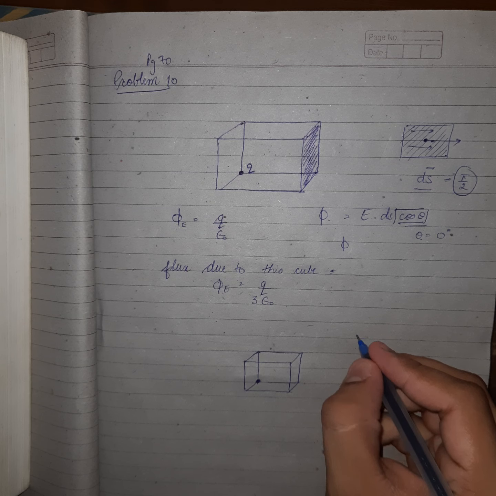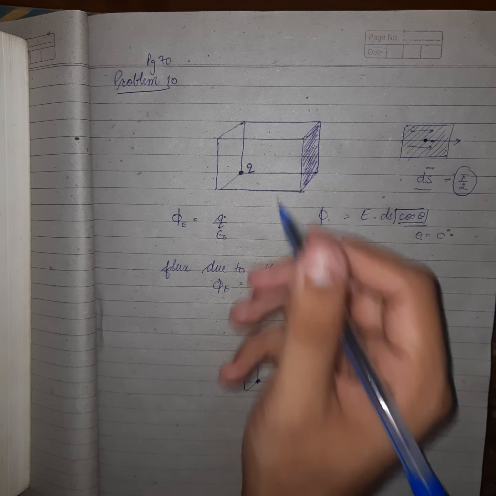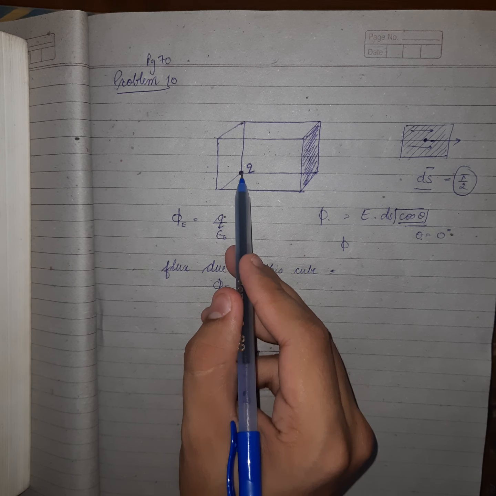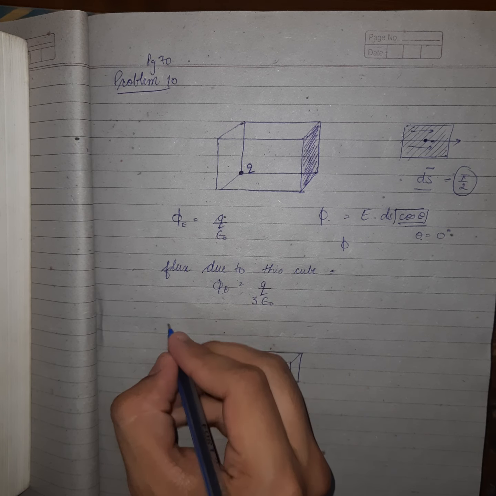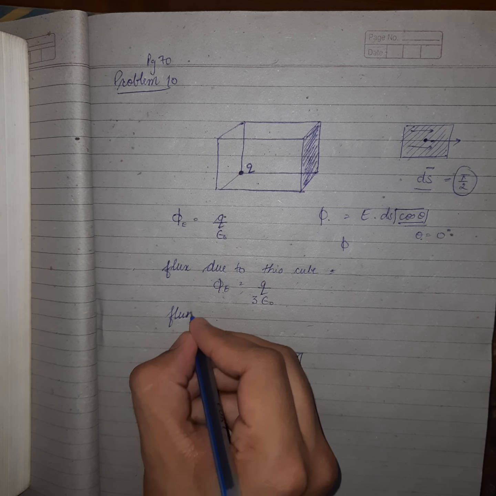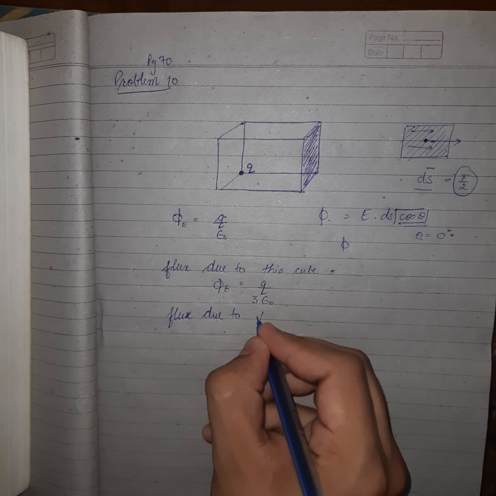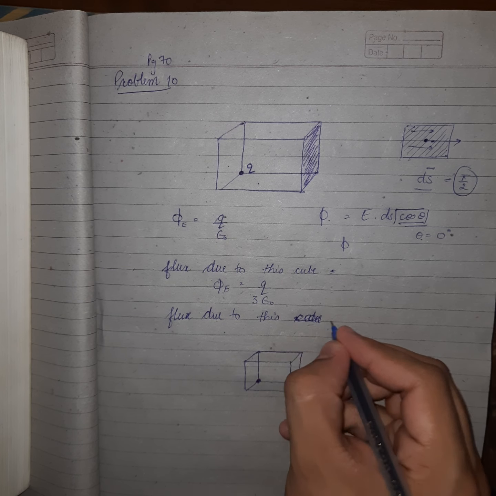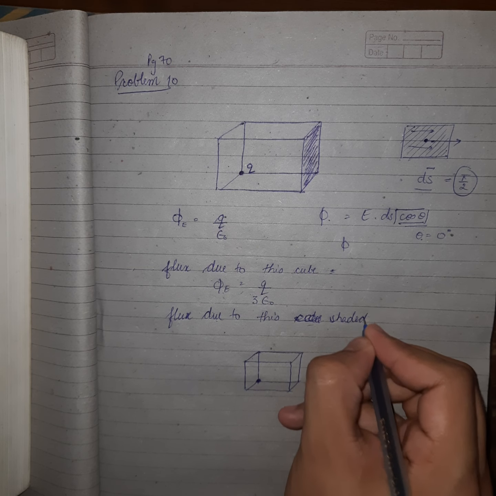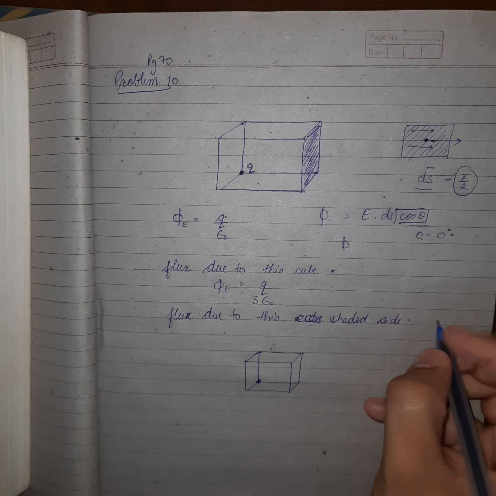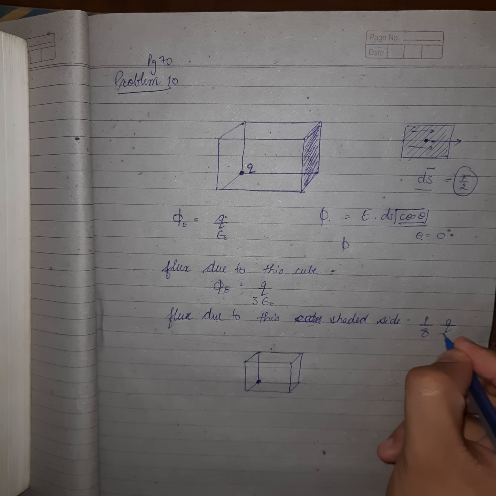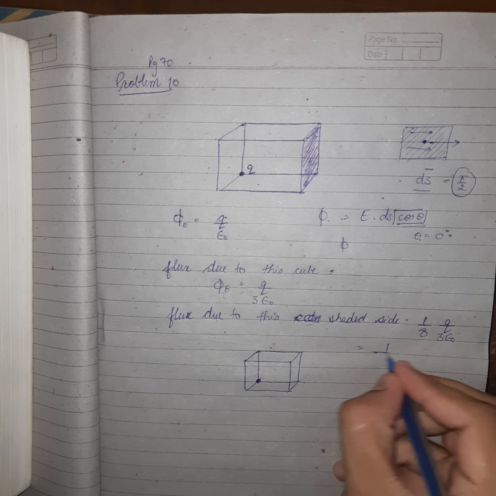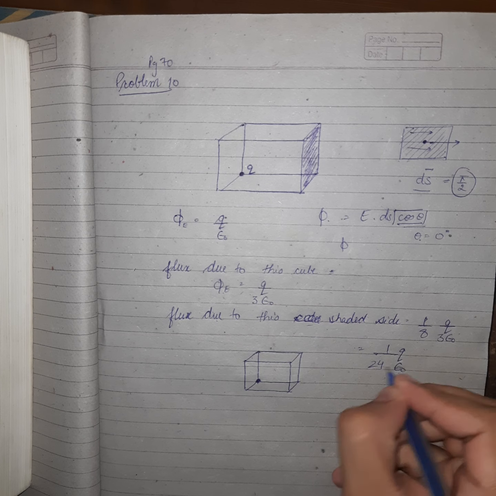So we'll get a total of 8 cubes, and the flux due to this shaded side is 1/8 of Q by 3 epsilon naught, which is equal to 1/24 Q by epsilon naught total flux.